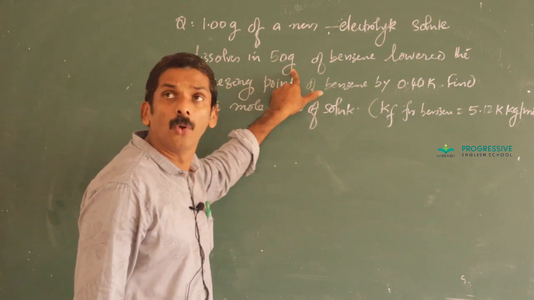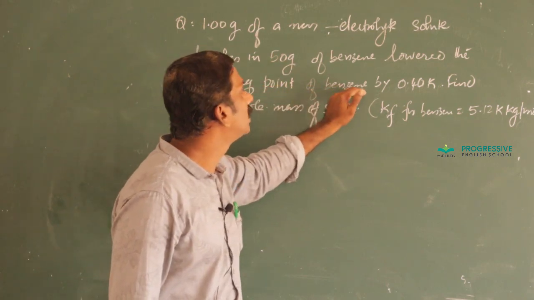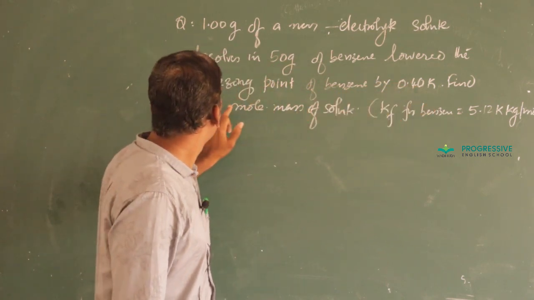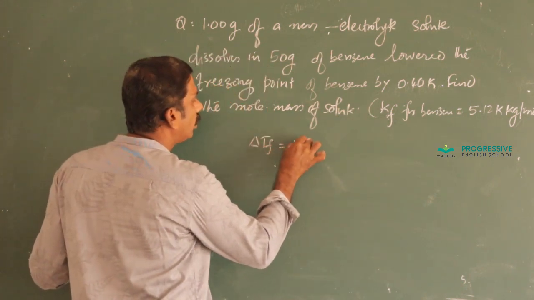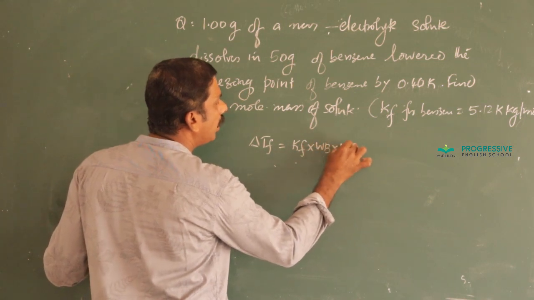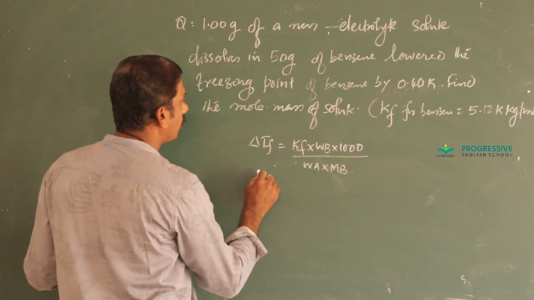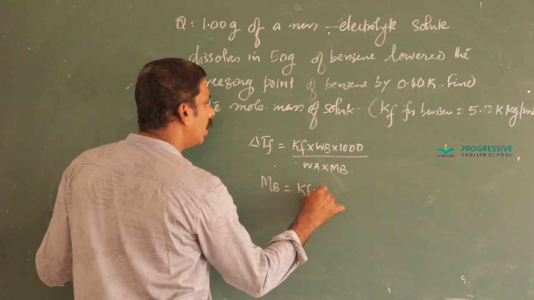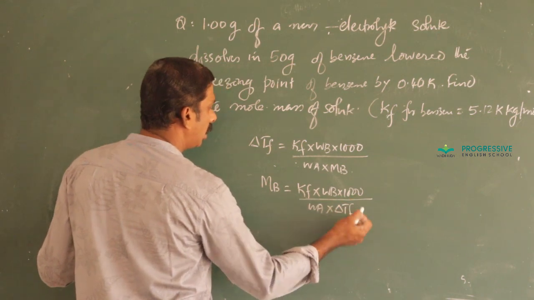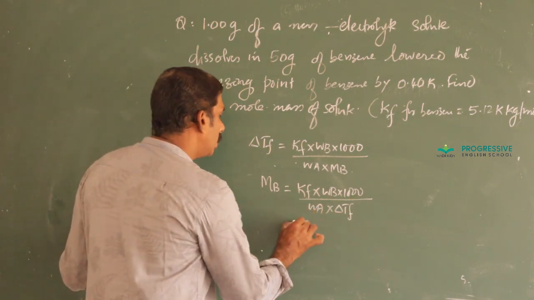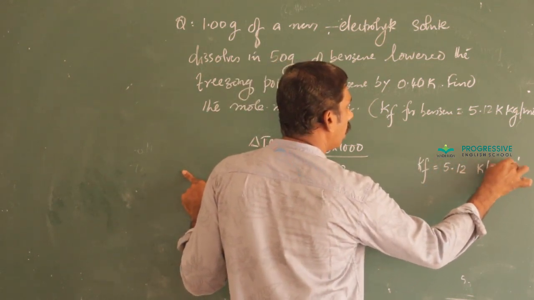Here we have delta Tf equal to Kf into Wb into 1000 divided by Wa into Mb, or Mb equal to Kf into Wb into 1000 divided by Wa into delta Tf. Here what is the value of Kf? Kf equal to 5.12 Kelvin per molar.